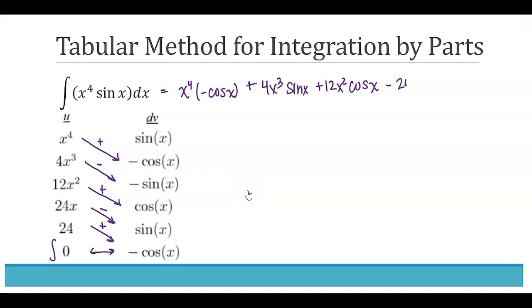So I have negative 24x sine x. And then finally, I have 24 times negative cosine x. So that's negative 24 cosine x, and it's going to keep the same sign. And then finally, plus c. So this is my answer.